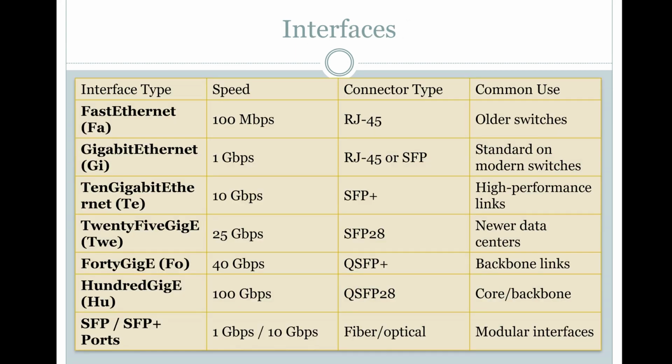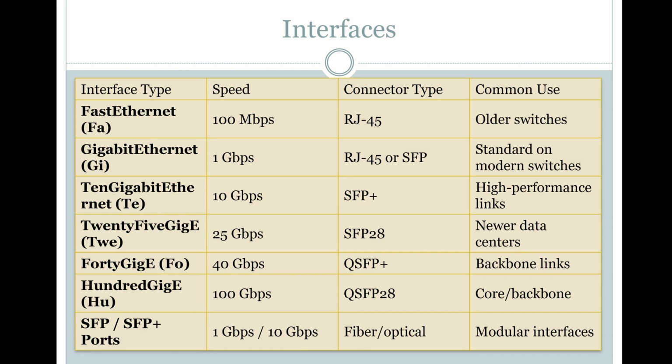Now these are the interfaces we talk about in terms of speed. In Fast Ethernet we have the RJ45 connector and 100 Mbps speed. Here we have seen Fast Ethernet only. If we connect two cables between two switches, we would have 200 Mbps, but we have to form the EtherChannel, then we can use 200 Mbps throughput at a time.